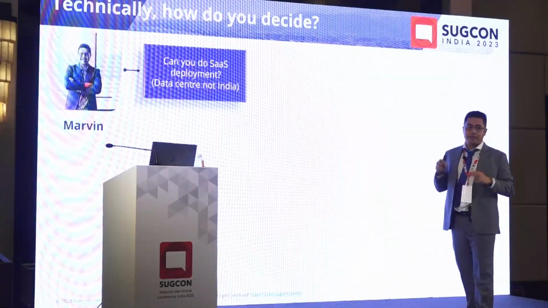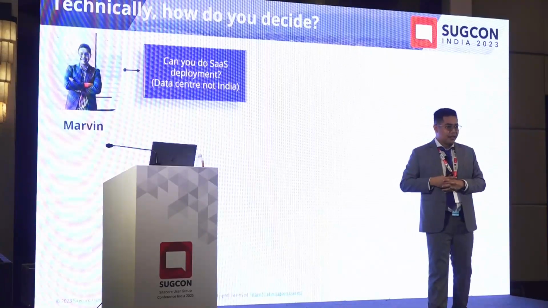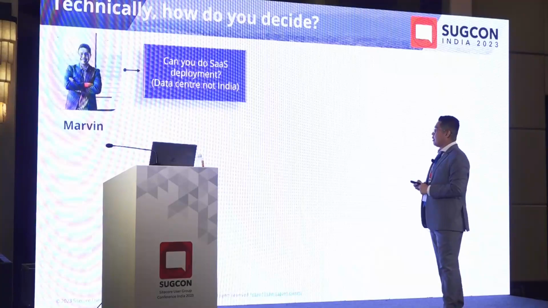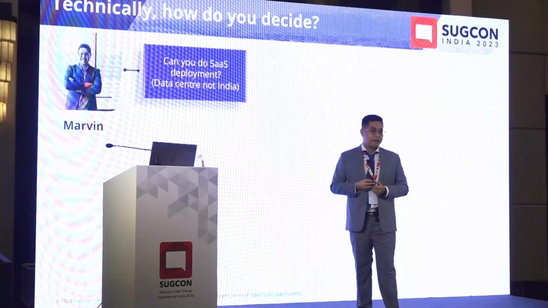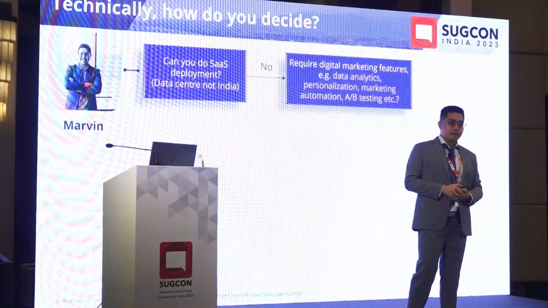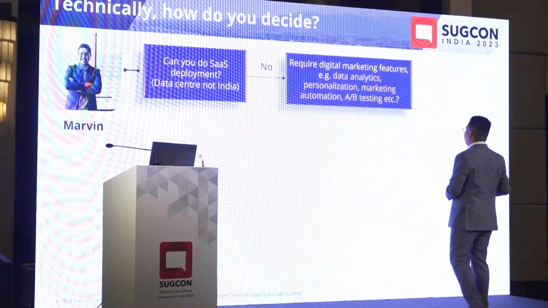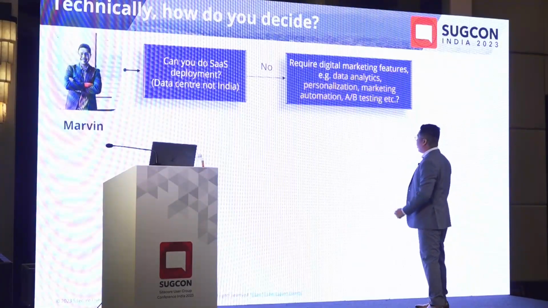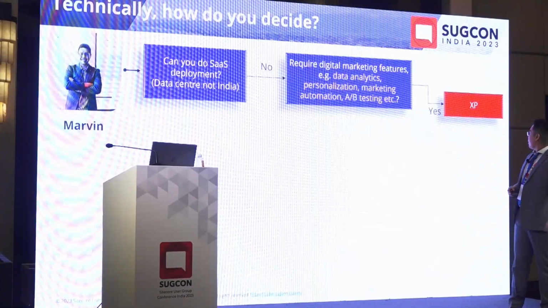So let's do a flow chart. Technically, how do you decide, right? Let's say, can you do a software as a service deployment? And it's not going to be in India. If you say no, and you have this type of requirement about data analytics, marketing automation, and A/B testing, probably XP is the right way for you, okay? Without sugarcoating anything.